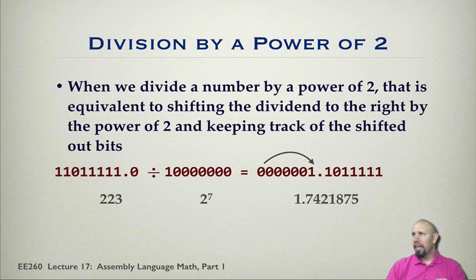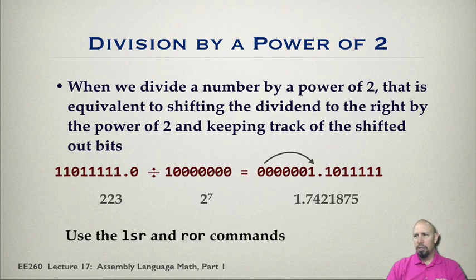When we think of dividing a number by a power of 2, that is equivalent to shifting the dividend to the right by a power of 2 and then keeping track of the shifted out bits. So for example, 223 divided by 2 to the 7, we shift over 7 bits, and so this is the result that we would get. Okay, so we need to think of it in terms of that.